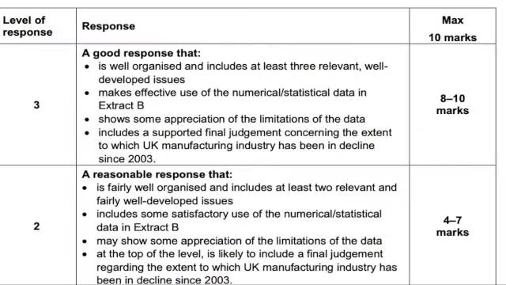Now, this is the mark scheme for this 10 marker that we're going to be looking at. And what I like about the mark schemes for these 10 markers in Paper 3 is they are much more descriptive than your usual marking grids for other questions in AQA economics. So it really tells you how to structure this 10 mark answer. So to begin with, include at least 3 relevant, well-developed issues.